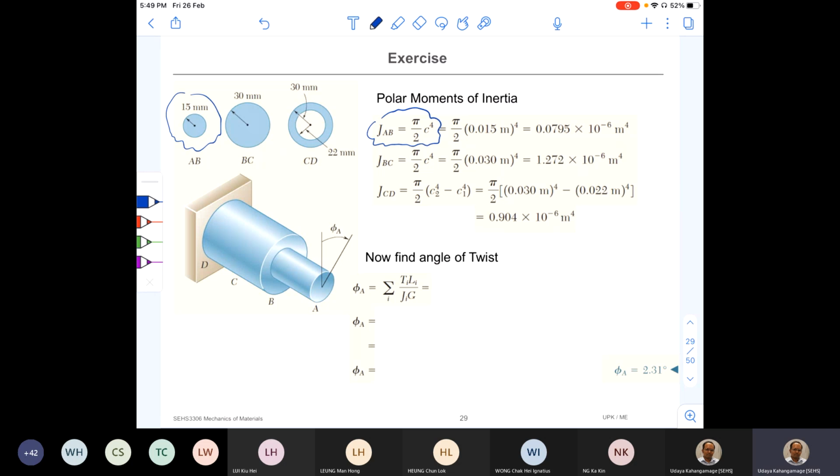BC is also solid circular, same equation. And C to D is a hollow circular section, so I use this equation to calculate the hollow moment of inertia. That is easy, you should know how to do that. Now it's a matter of adding them all together, the angle of twist with respect to a given point.